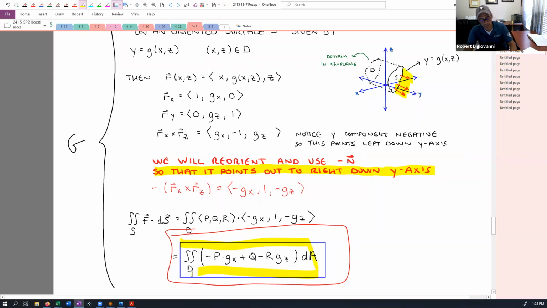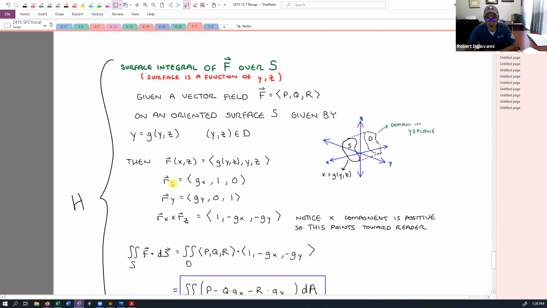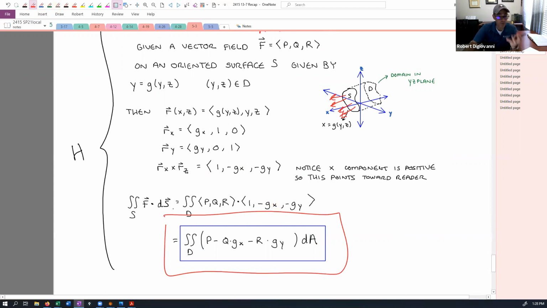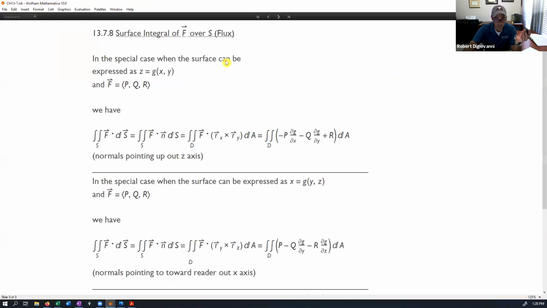That's our formula. And then the last special case is where our surface is x as a function of y and z, where our normals will be pointing down the x-axis like this. And that would be this formula here. So we have three new formulas for these special cases. And let's go ahead and see how we would implement that in a problem.